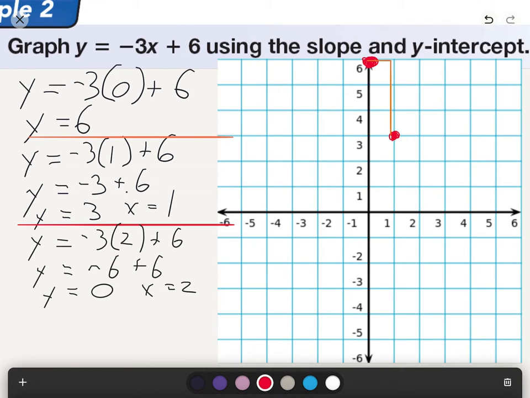So this time, here we are. From there, we could probably predict, right?